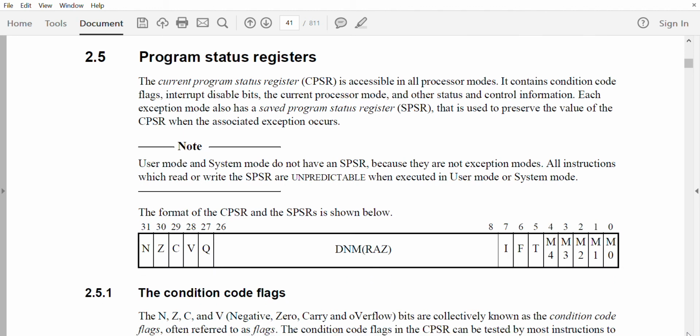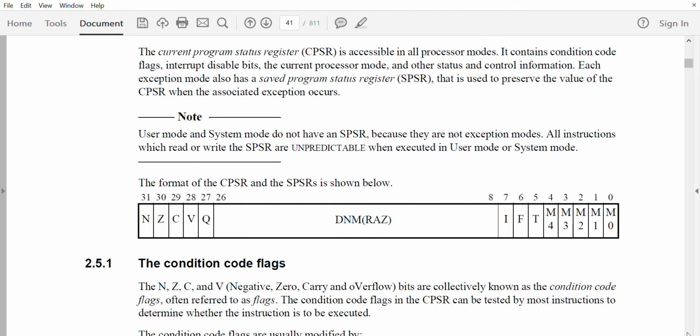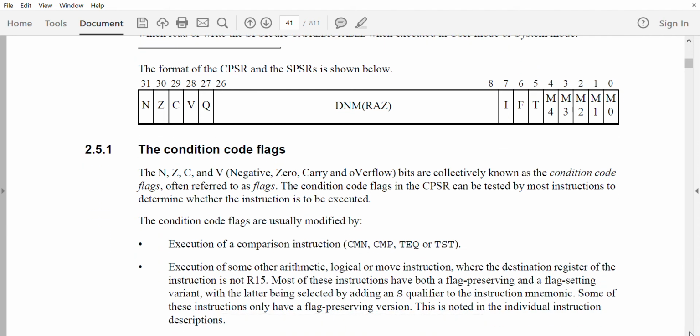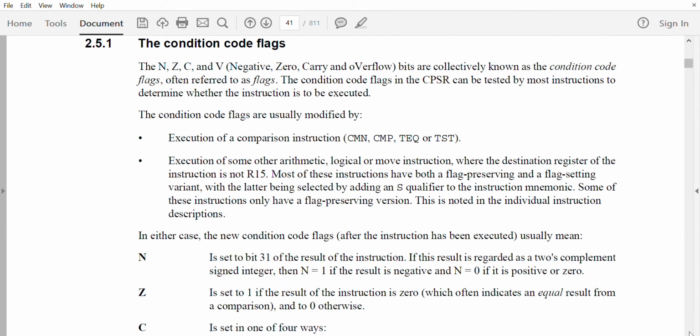and then you have the program status registers, of which bits 26 to 8 are not used. It's for future use. You have the negative, zero, carry, overflow, Q, you have the I, F, T bits, then the modes.